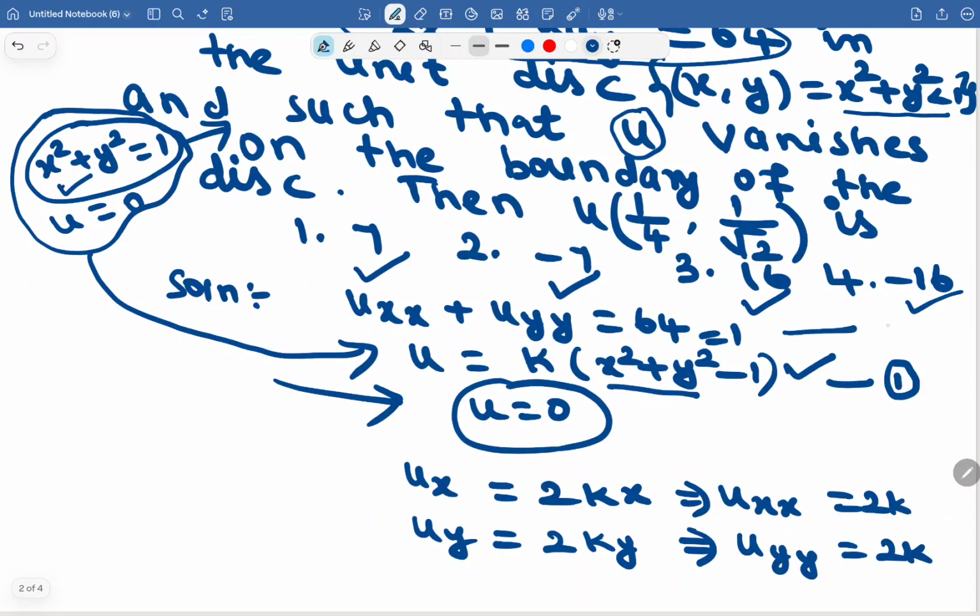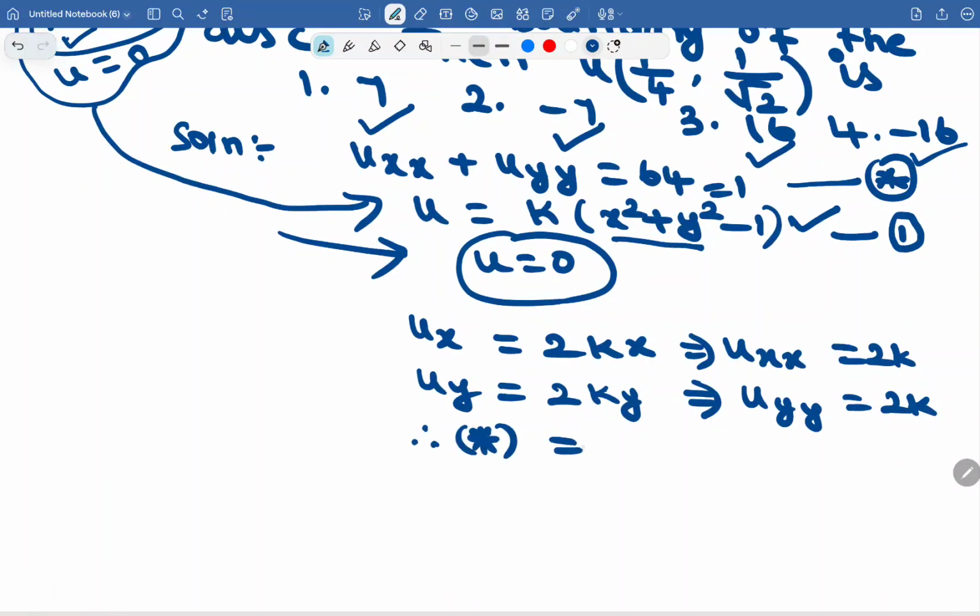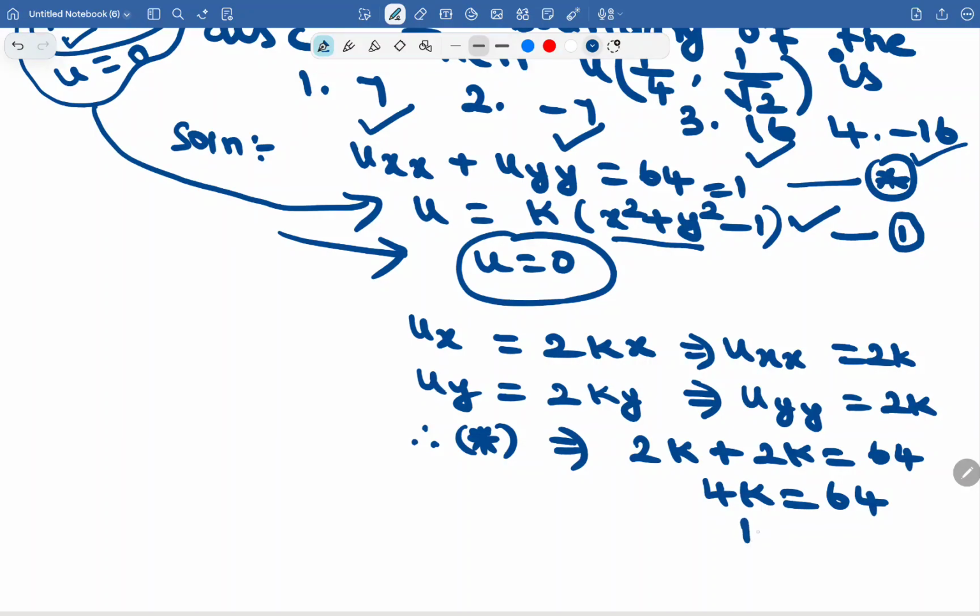Substitute both these values in star. Star implies 2k plus 2k equal to 64, so 4k equal to 64. What is k? k is 16.